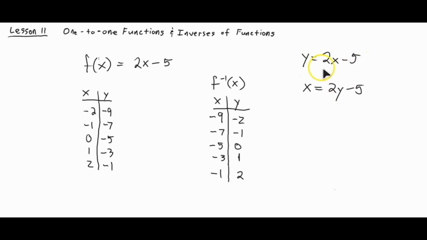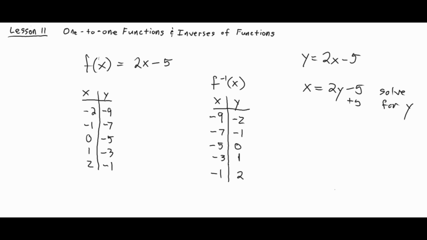And because I turned all the y's into x's and all the x's into y's, this is f of x and this is now f inverse. But I need it in terms of y, so what I now need to do is solve for y. I want to get y by itself.